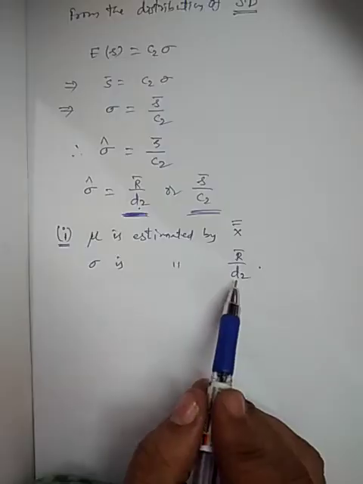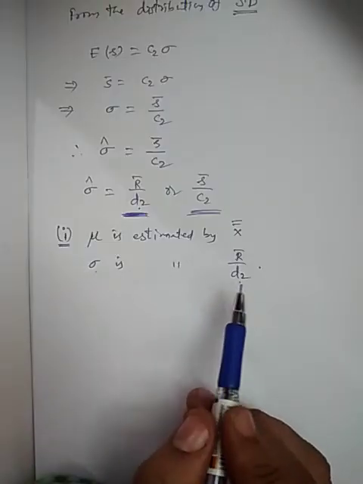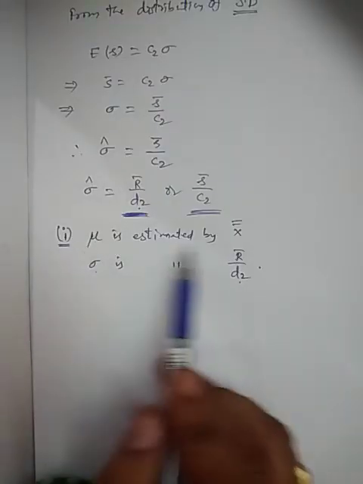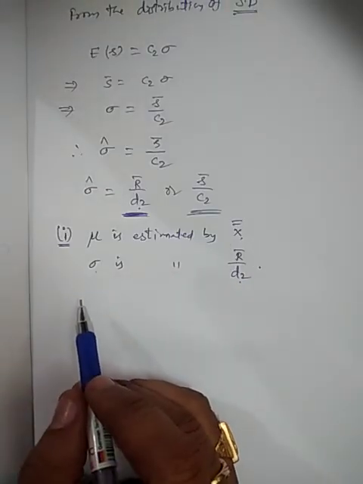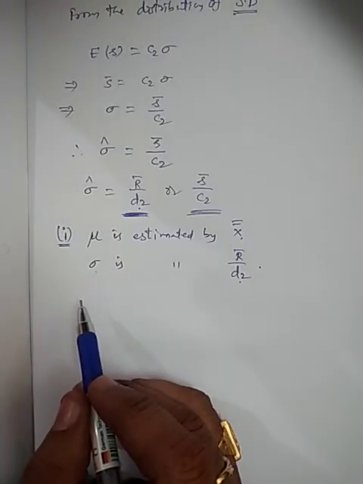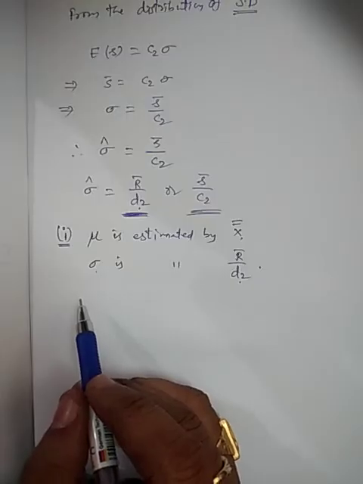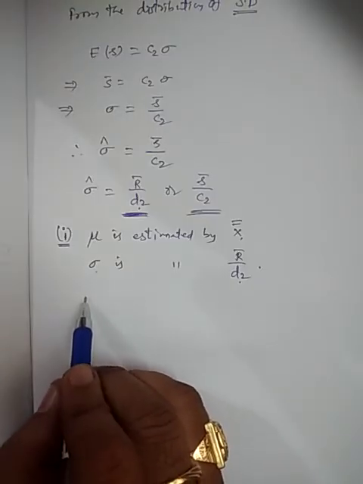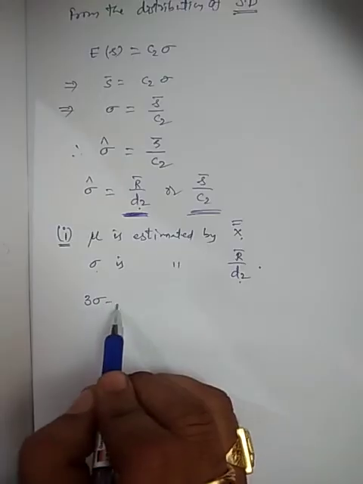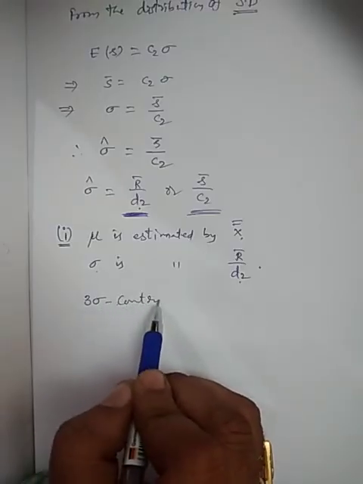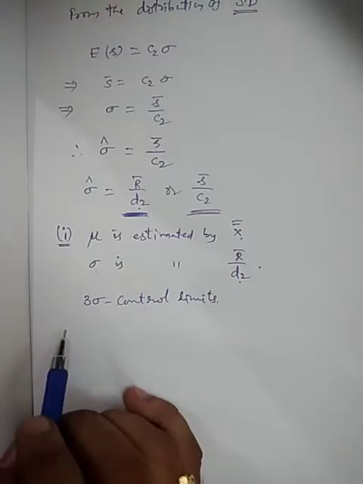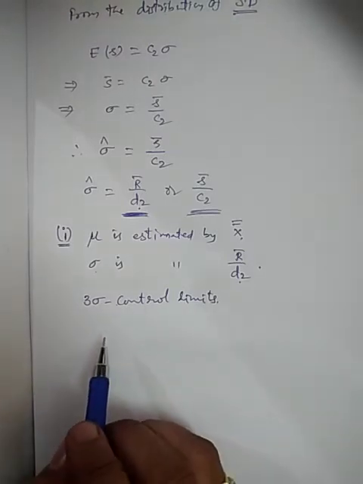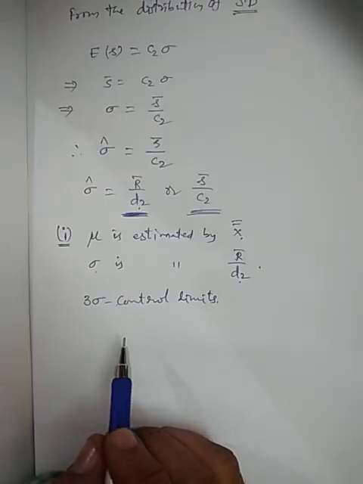If we consider sigma estimated by r bar by d2 and mu estimated by x double bar, now we see the control limits. In each and every case we have to see the control limits, that is the 3 sigma control limits for the x bar chart.